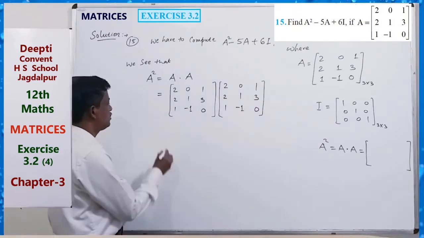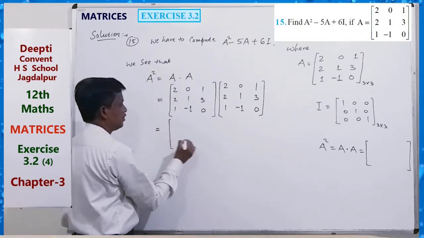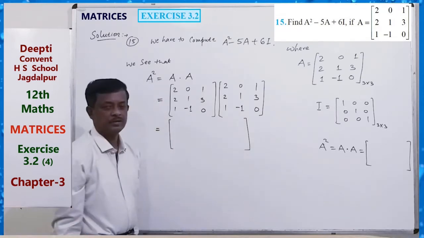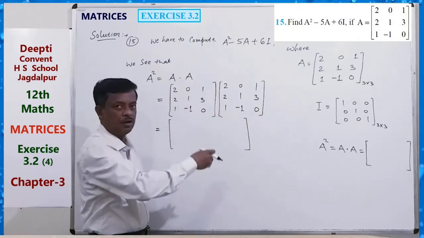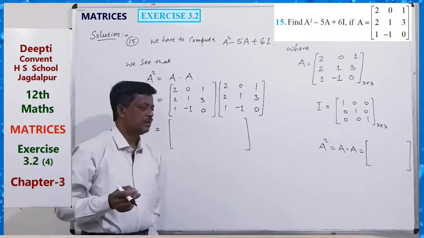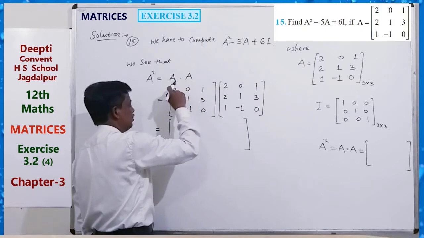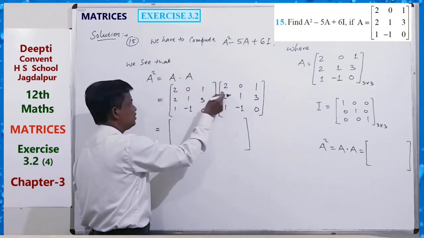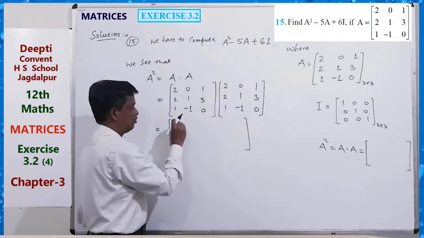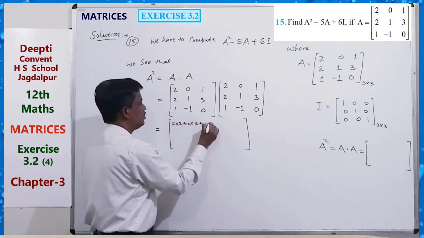We can multiply it using row by column. Here there are 3 columns, so 3 times you have to write. Each row goes to each column: 2 into this, this into this, this into this. So first part: 2 into 2 plus 0 into 2 plus 1 into 1.